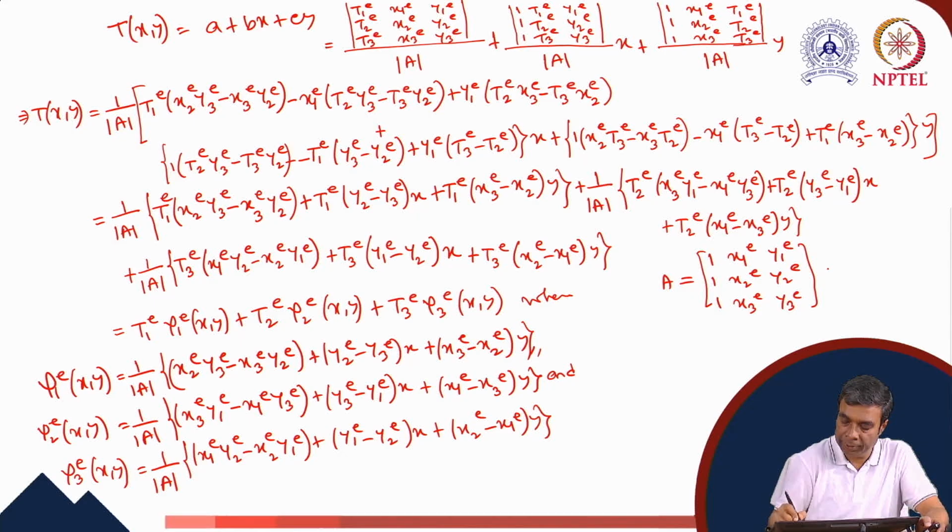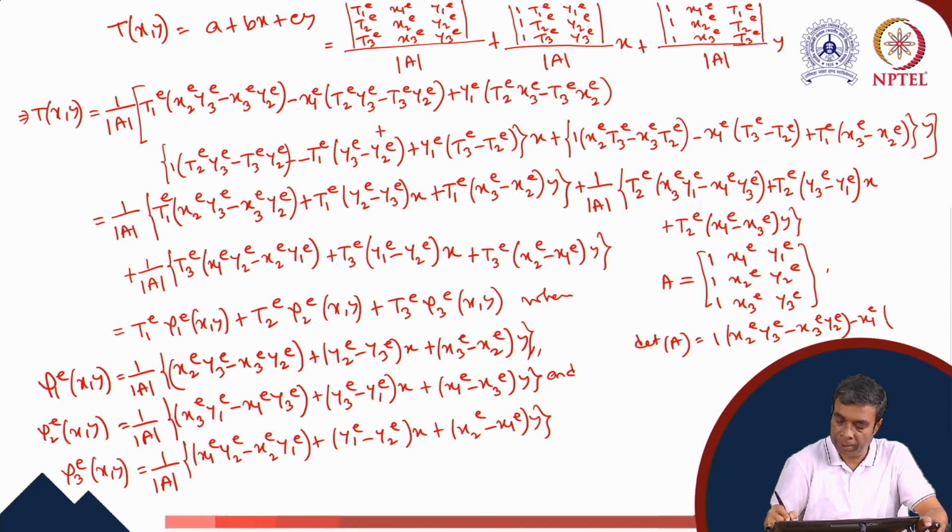So its determinant is given by determinant of A equals 1 into (x2e y3e minus x3e y2e) minus x1e into (y3e minus y2e) plus y1e into (x3e minus x2e).